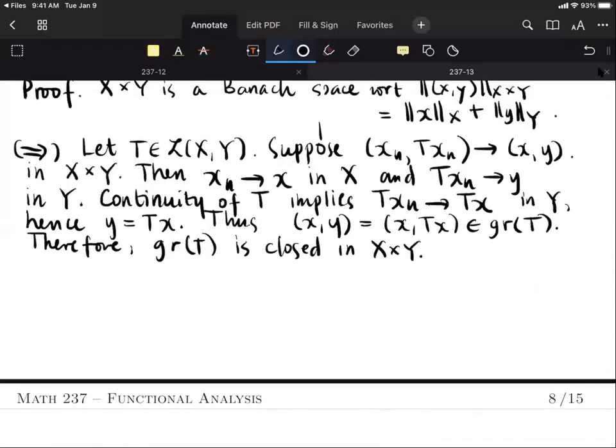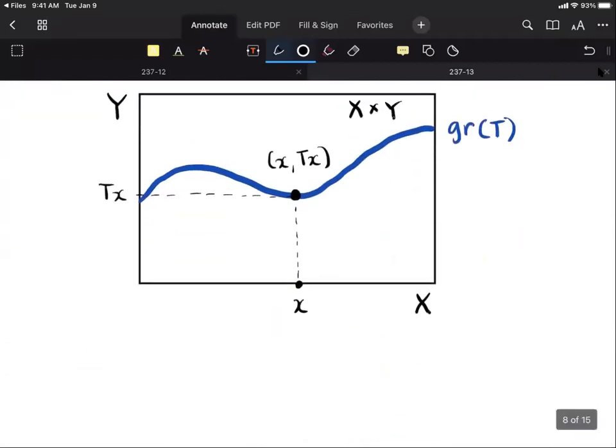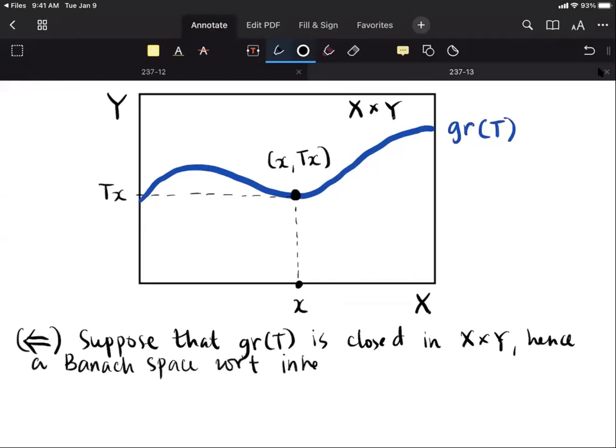So for the reverse direction, let us go back to this figure here. Suppose that the graph of T is closed in X cross Y, hence a Banach space with respect to the inherited norm.